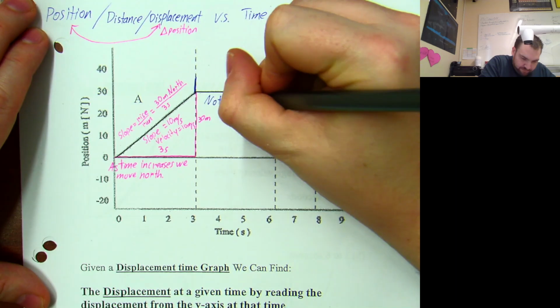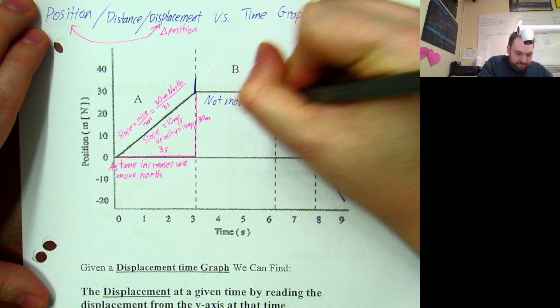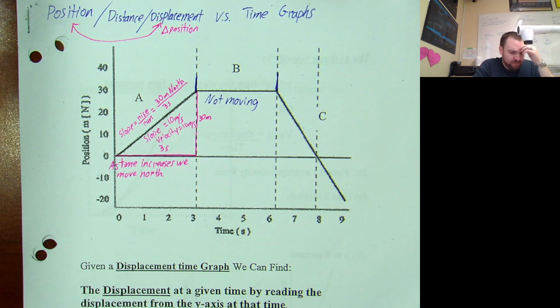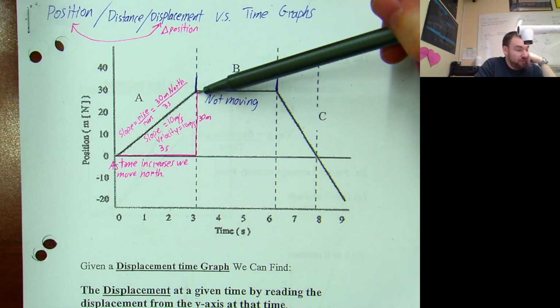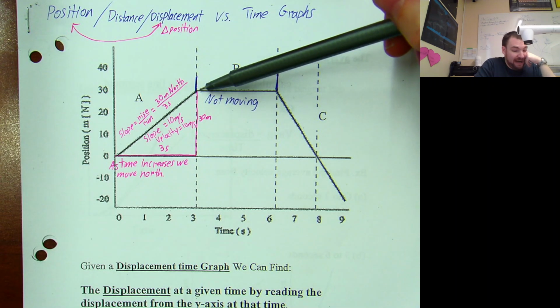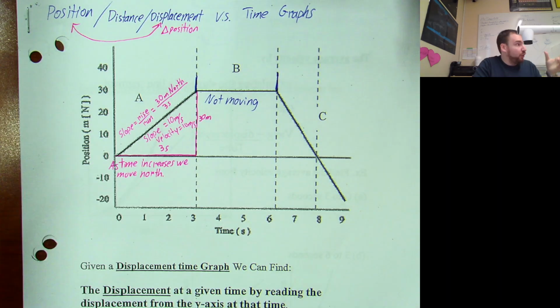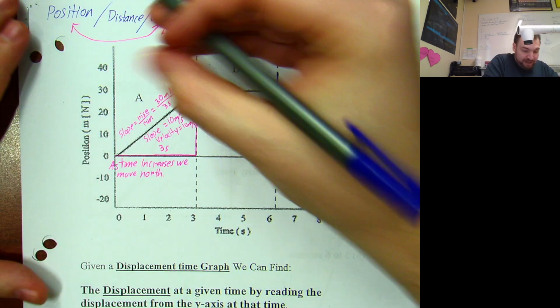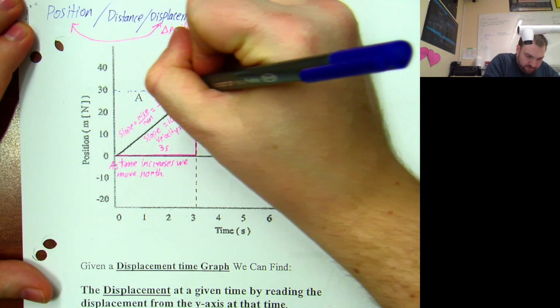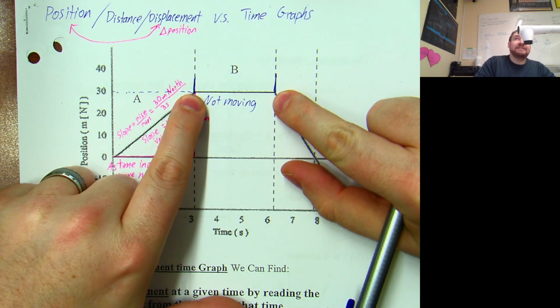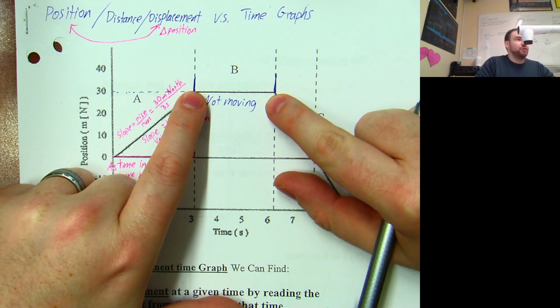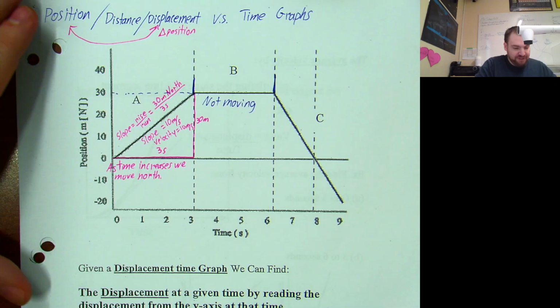How do you know you're not moving? Because this. Okay, so if we just look here, we can read off this entire time. The line hasn't gone up, it hasn't gone down, so there's no deviating from that position here.